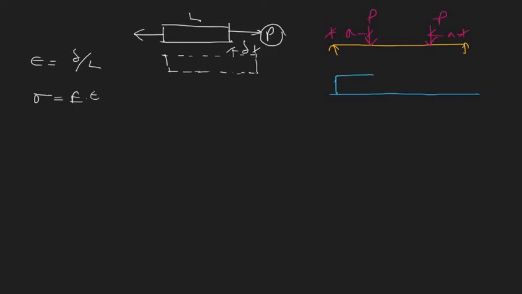This is positive and this is negative. If this is A, this is B, and C and D. In between C and D there is no shear force. And if you draw the bending moment diagram, it looks something like this.